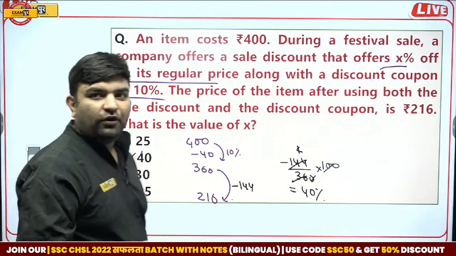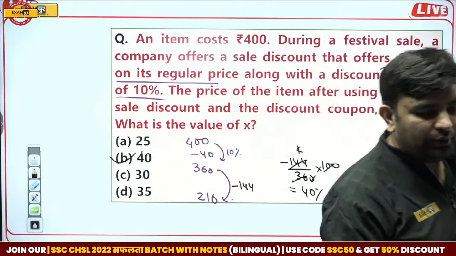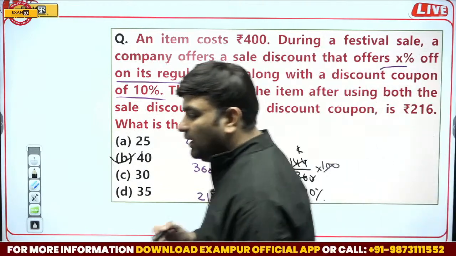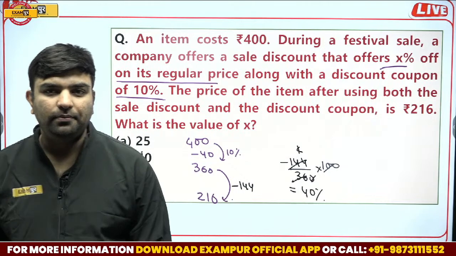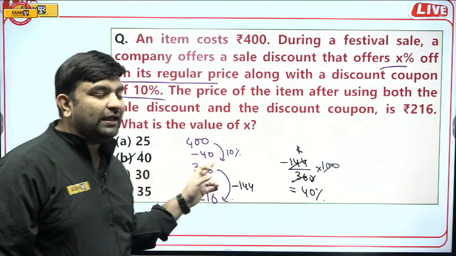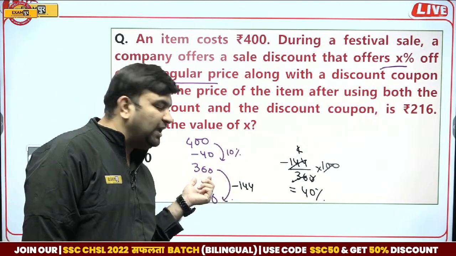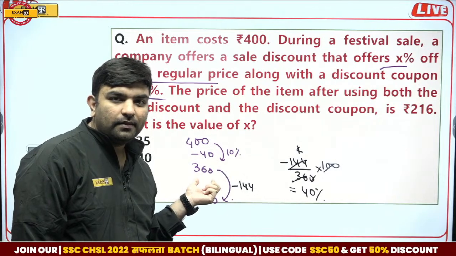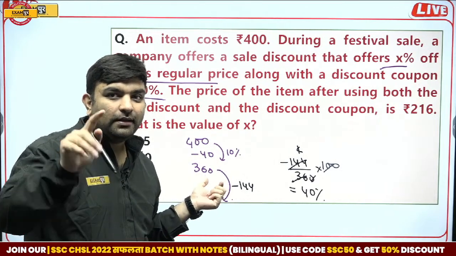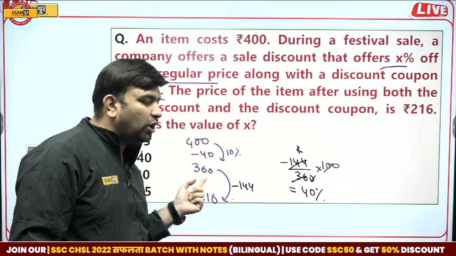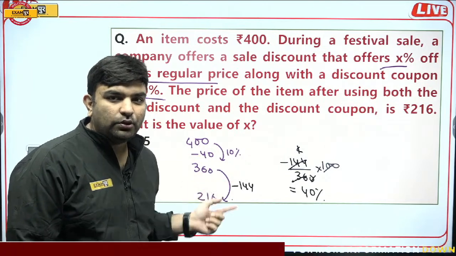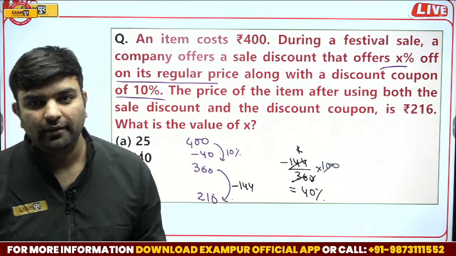So what is the point to be learned over here? Among the discounts, order is not important. Obviously, if you take X first, you would not be able to reach this value, and the question will become more tricky.